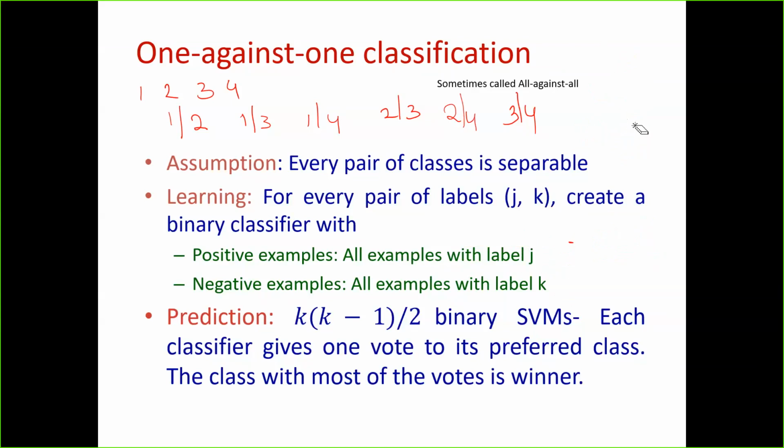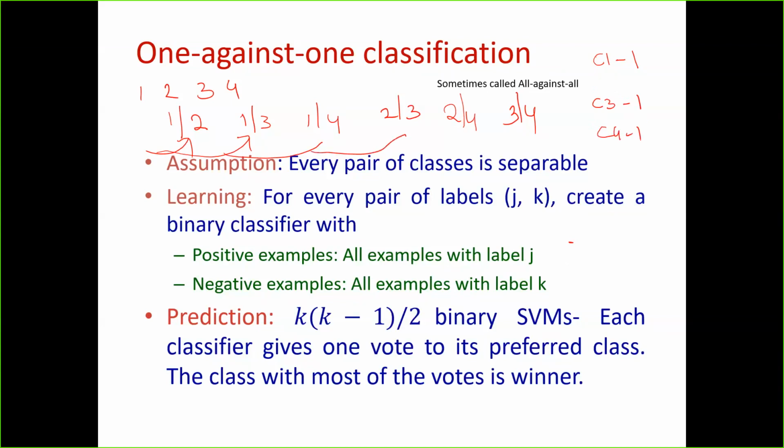So I give it to this classifier. Let's say it is classifying it as class 1. So class 1 has got 1 vote so far. I give it to this classifier. Let's say it is classifying it as 3. So class 3 has got 1 vote. I give it to this classifier. Let's say it is classifying it as 4. So class 4 has got 1 vote so far. I give it to this classifier.